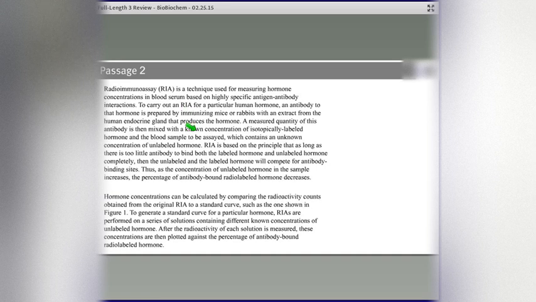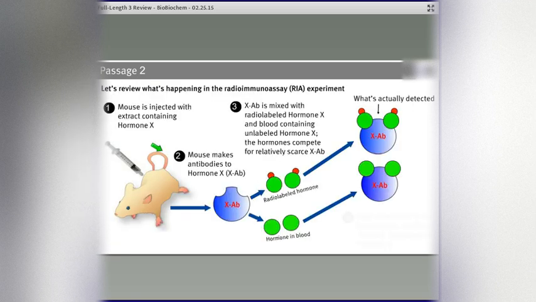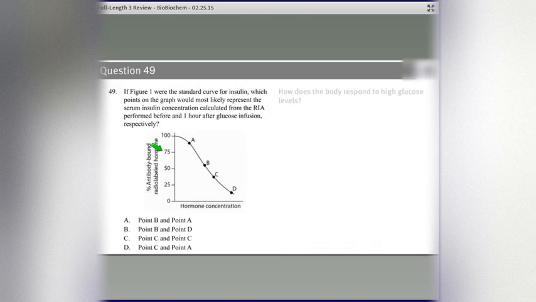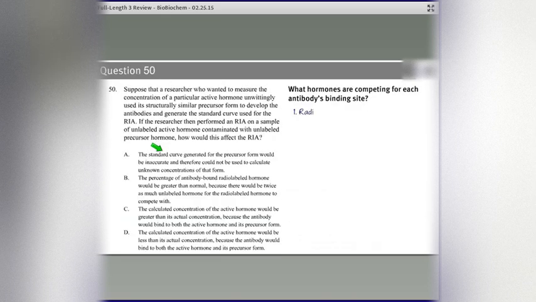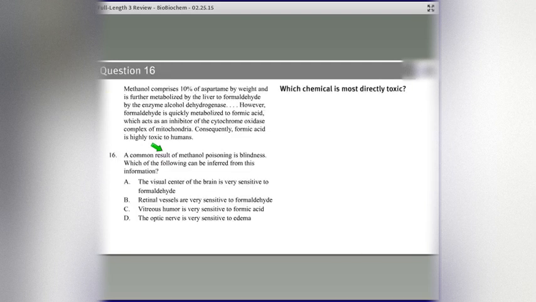Okay, so let's see what's going to happen. Since they're competing for the antibody, we want to think about the more of the unlabeled hormone that's going to be in this blood supply, what exactly is going to be happening.